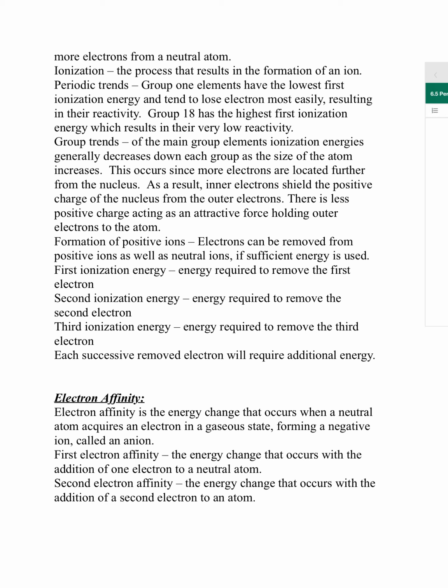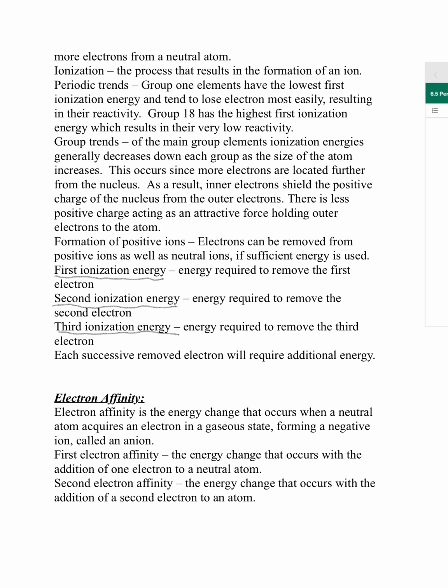And the second ionization energy is the energy required to remove the second electron, and it's going to take more energy to do that. Then the third ionization energy is the energy required to remove the third electron. Each successively removed electron requires additional energy.